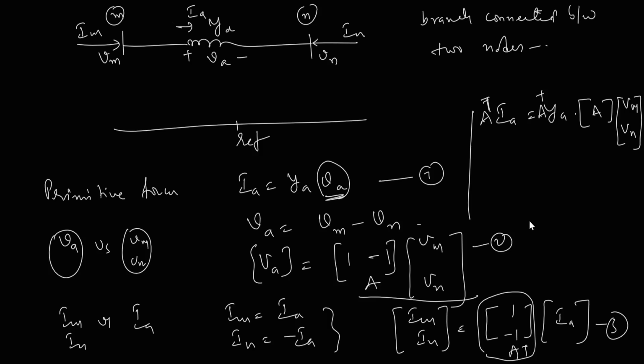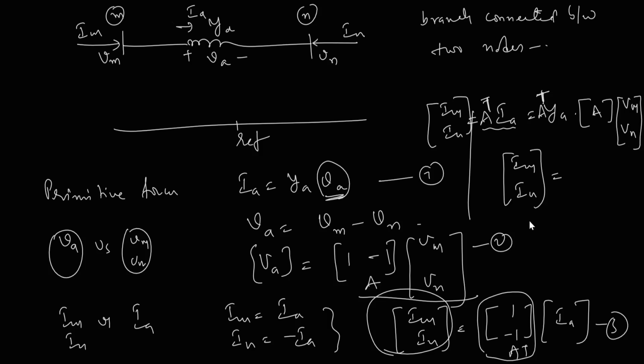Now I know A transpose Ia is equal to this vector Im In. So it means that Im In, the nodal current vector, is equal to this A transpose Ya A, which forms the Y bus, times Vm Vn. Okay, right? Now what is Y bus here?